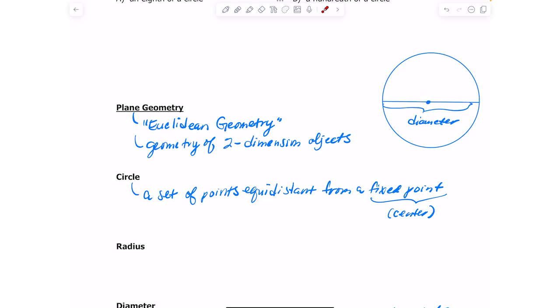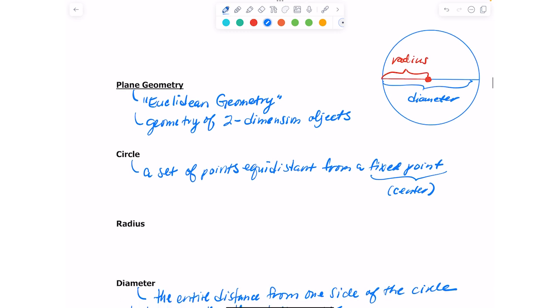And then we also have a segment that goes from the center to one side of the circle. So this segment right here, and that segment is known as the radius. Okay, so the radius is the distance from the center to any part on the circle.